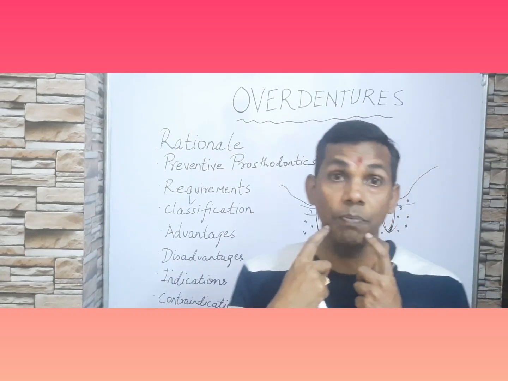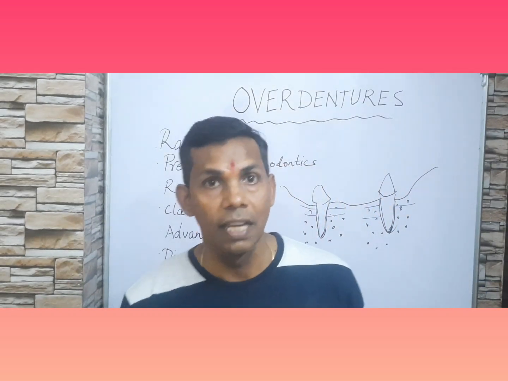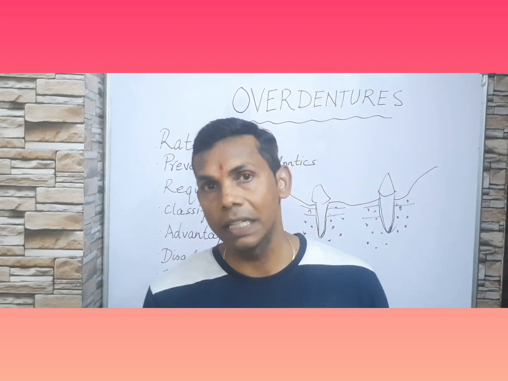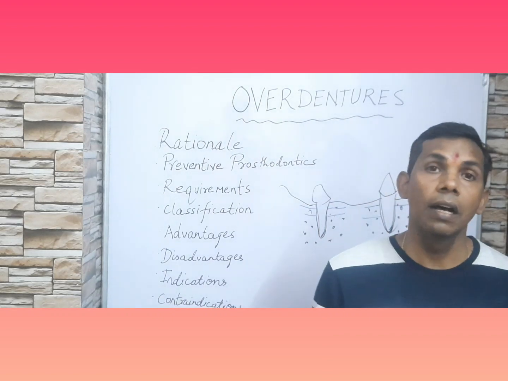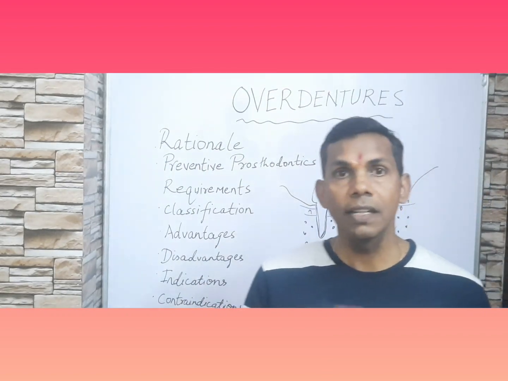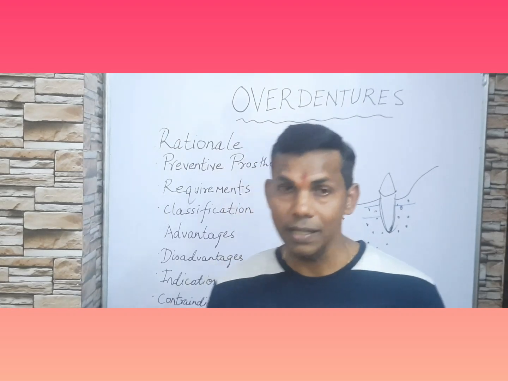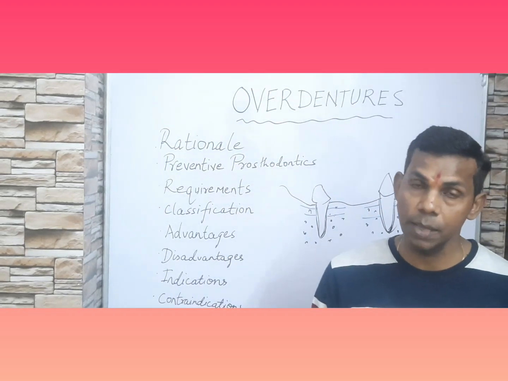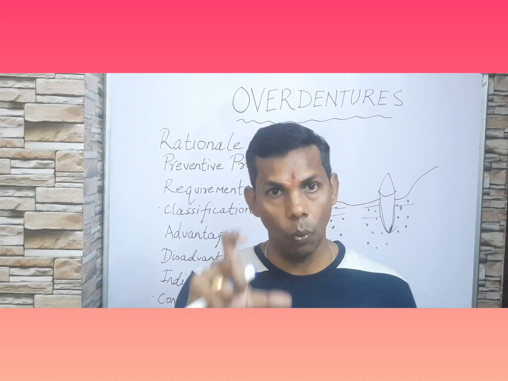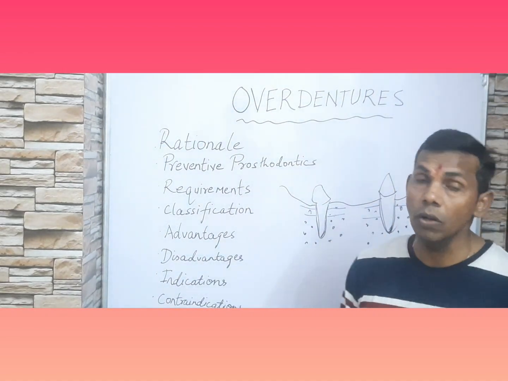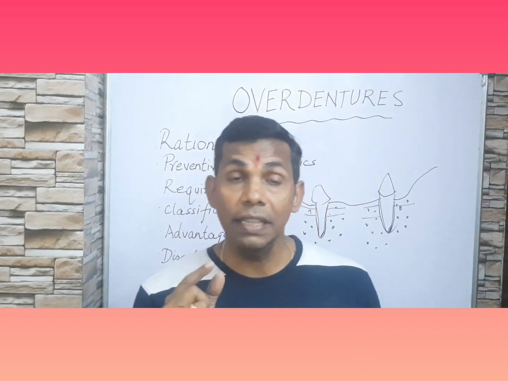The patient is much more comfortable with the natural teeth than if you extract all the teeth, because once you extract all the teeth, there will be rapid resorption of the bone. When there is rapid resorption, the patient loses the bone, one. Secondly, he loses the proprioception. Thirdly, he loses the vertical height. So you are preserving the vertical height and also the occlusal thickness.